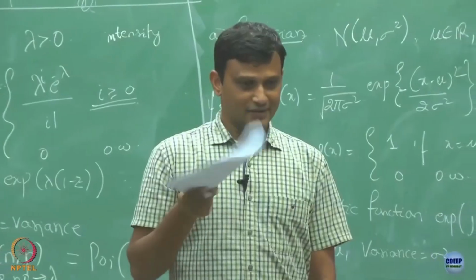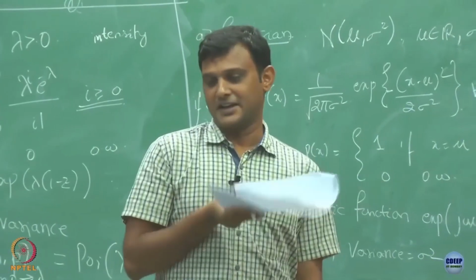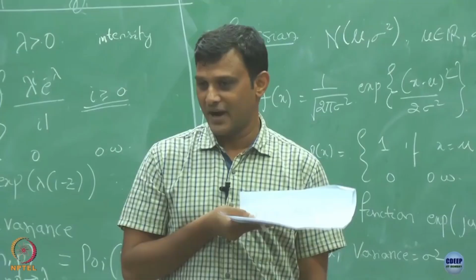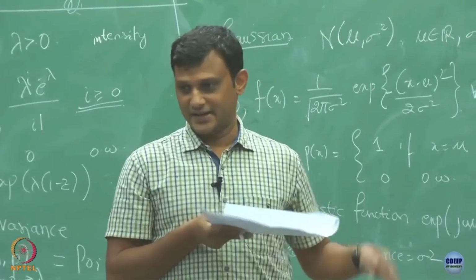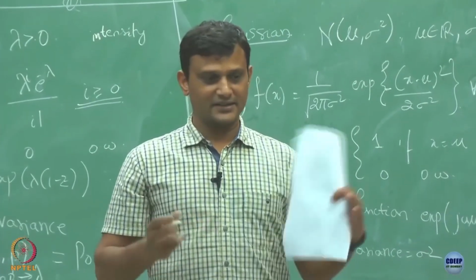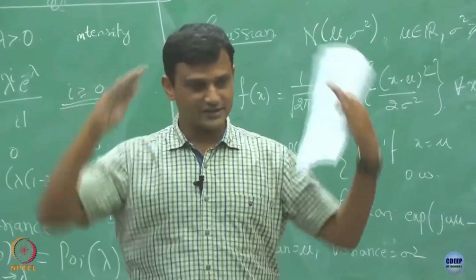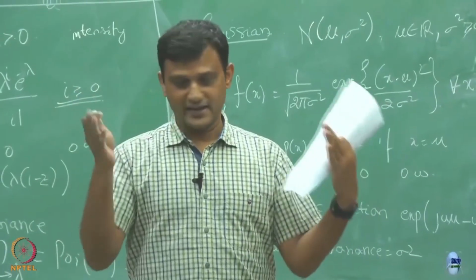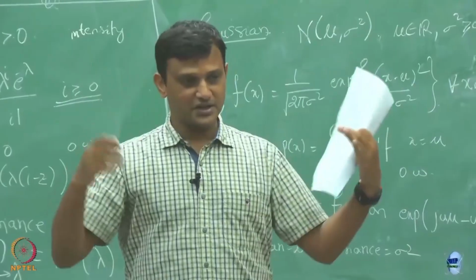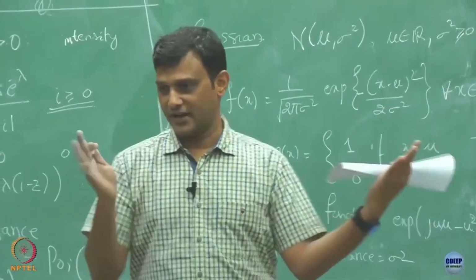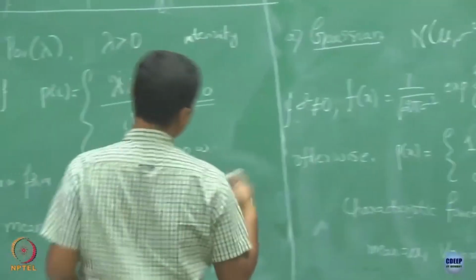Right away the Gaussian should come to your mind whenever you see that something is going to be symmetric around some value, and there is going to be, as I said, diffusion or dispersion about it on both the left and right hand side. Then you will use it.